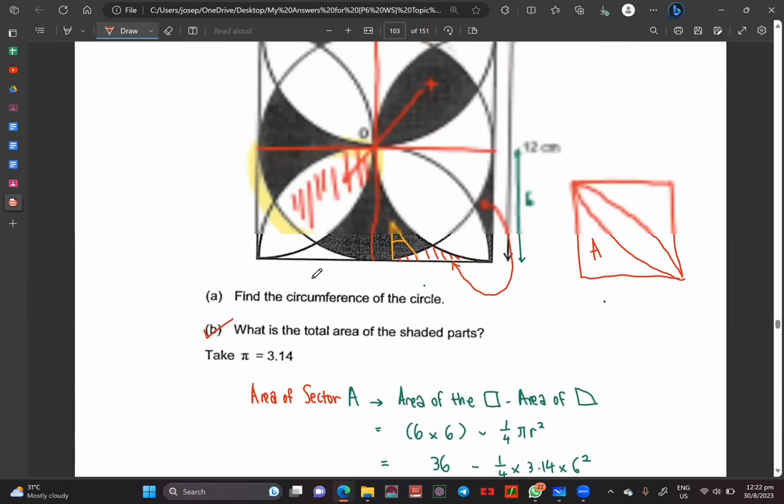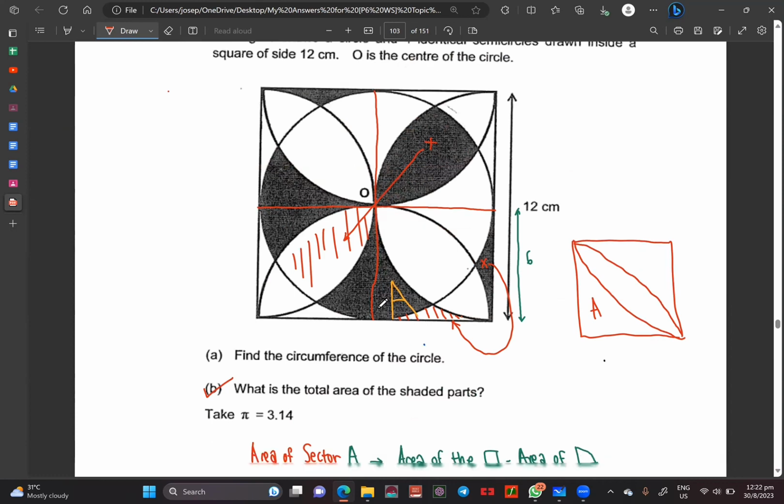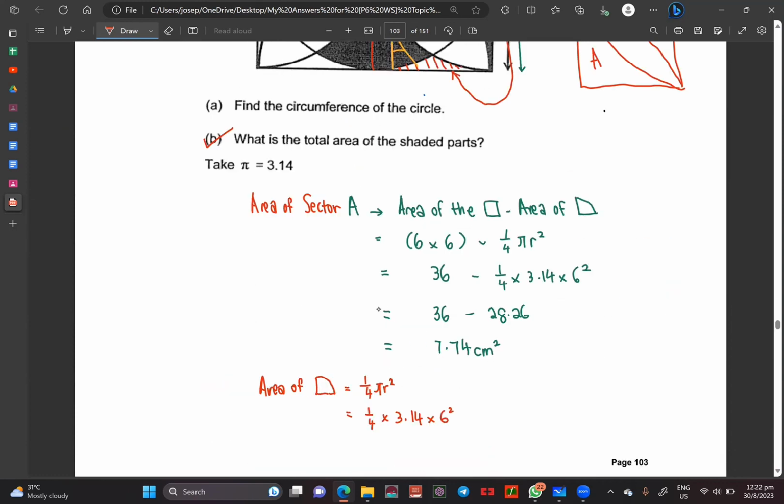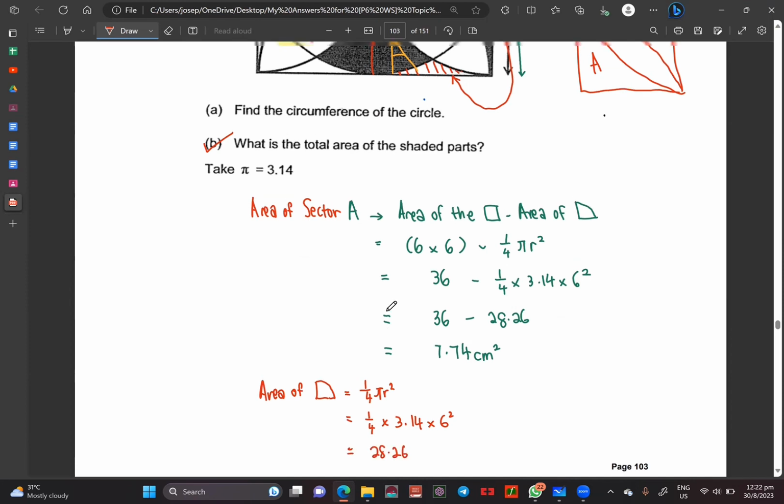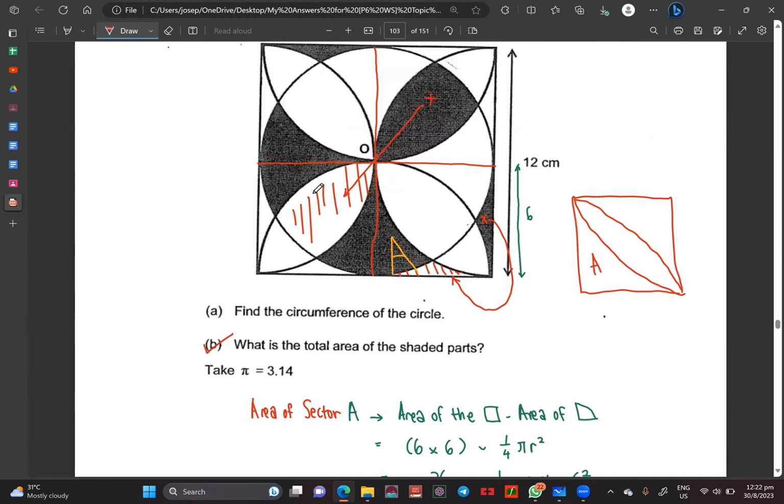Go back to the figure, look at this, again, it's 6, so 6 to the power of 2. So when you do that, you get 28.26.